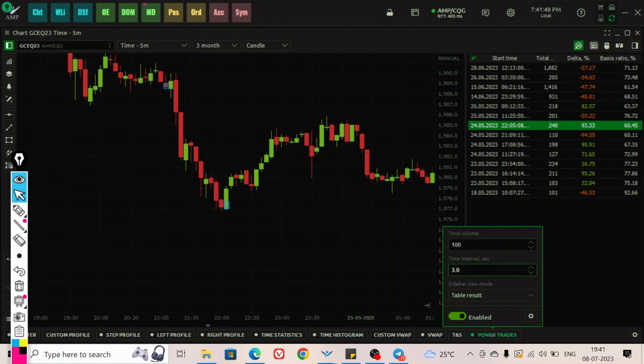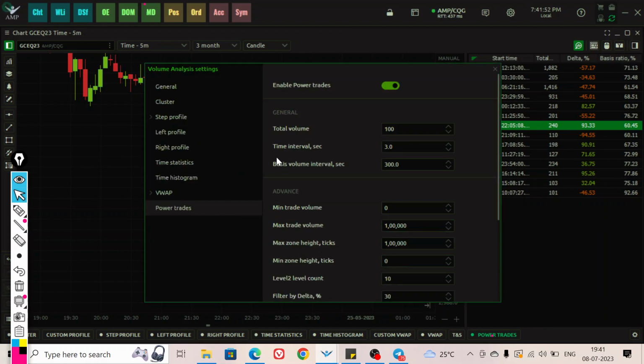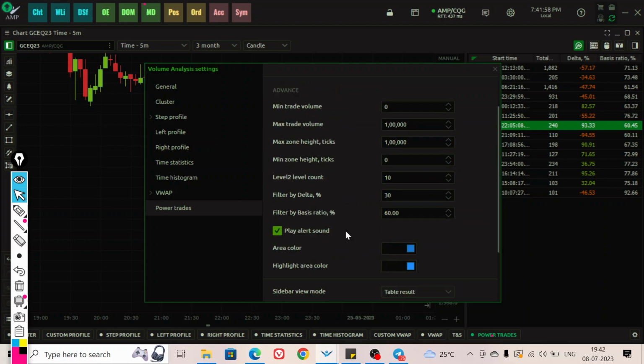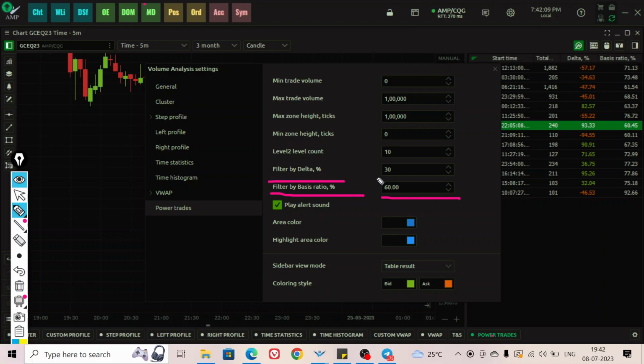This is the setting, and in the advanced settings, you have to change the basis ratio. This is the most important part of this order flow trading strategy. This one right here, filter by basis ratio. You have to set it to 60.